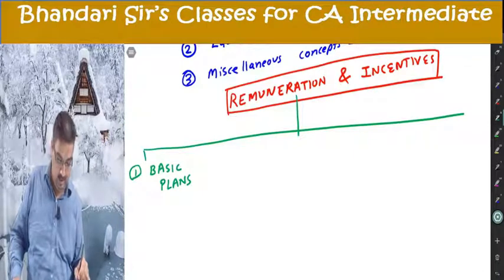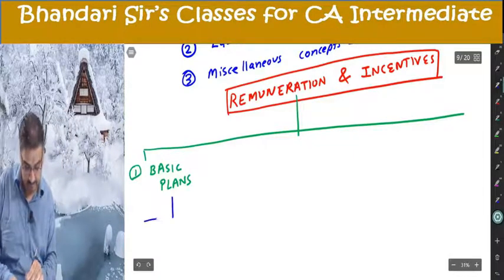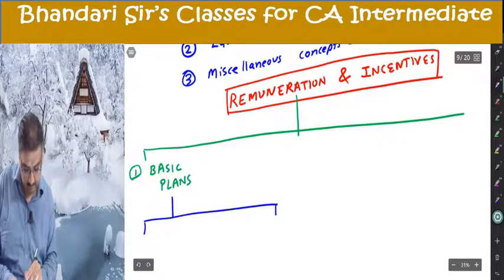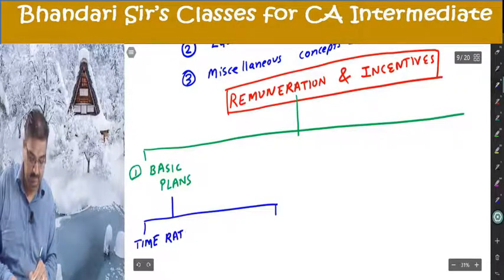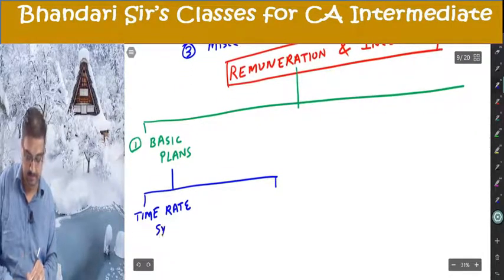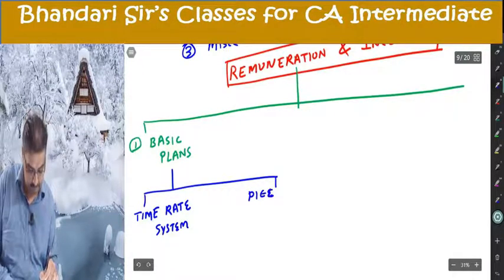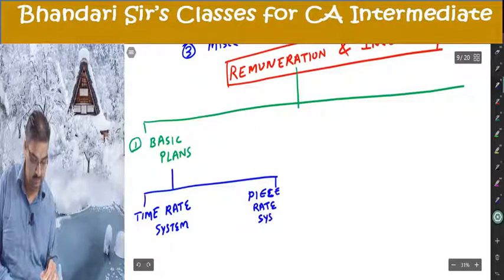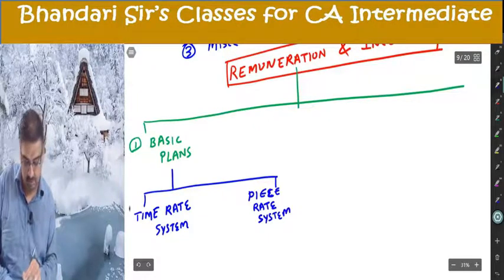Under this basic plan category, I am having time rate system, piece rate system. This is plan A and B. They are basic plans.